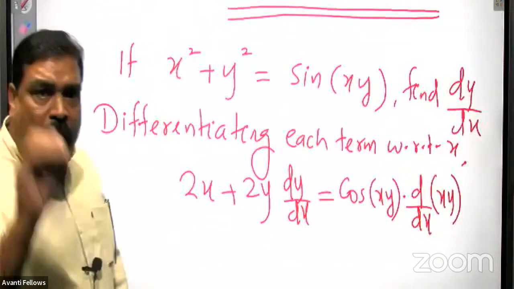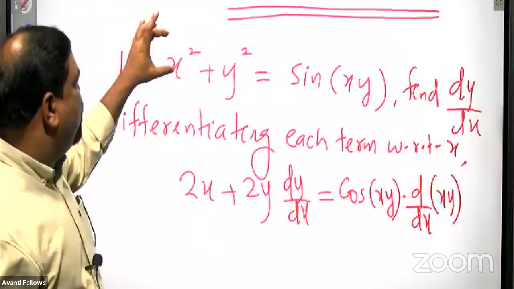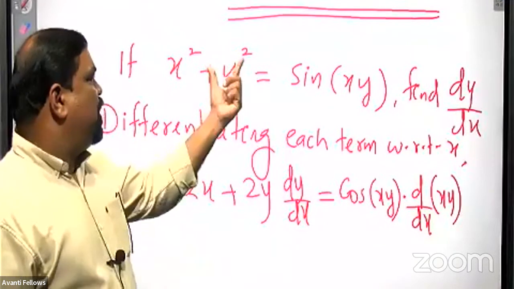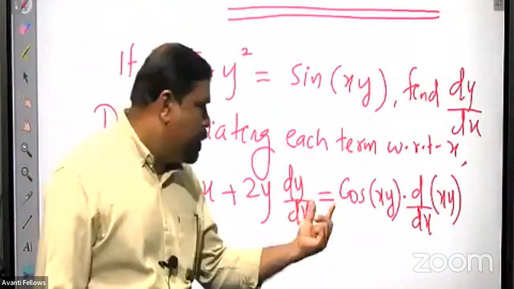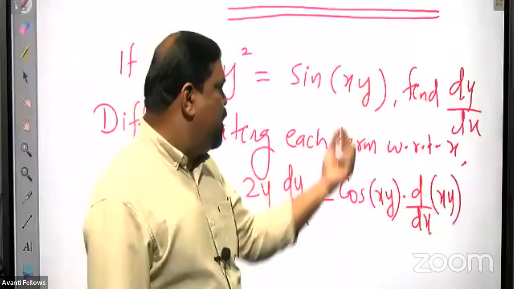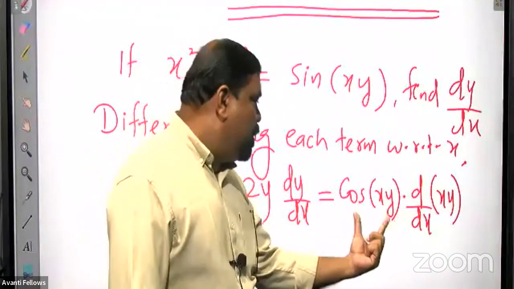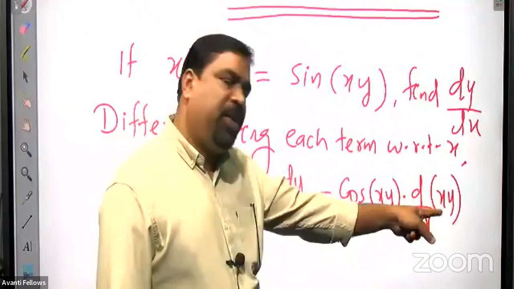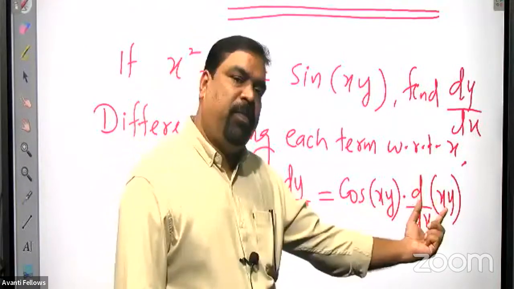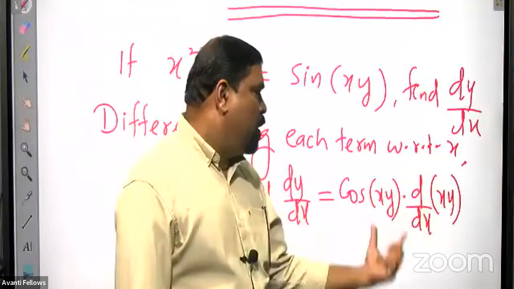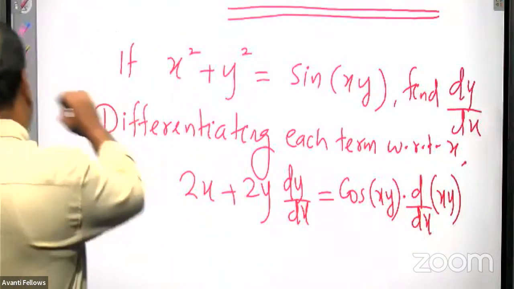So we have differentiated each and every term. Derivative of x square is 2x. Derivative of y square is 2y dy by dx, equal to cos of xy into d by dx of xy. We need to differentiate this portion again, so better to do it step by step.